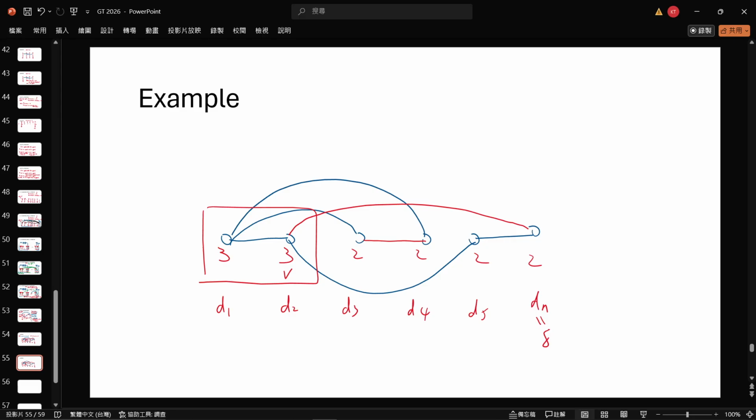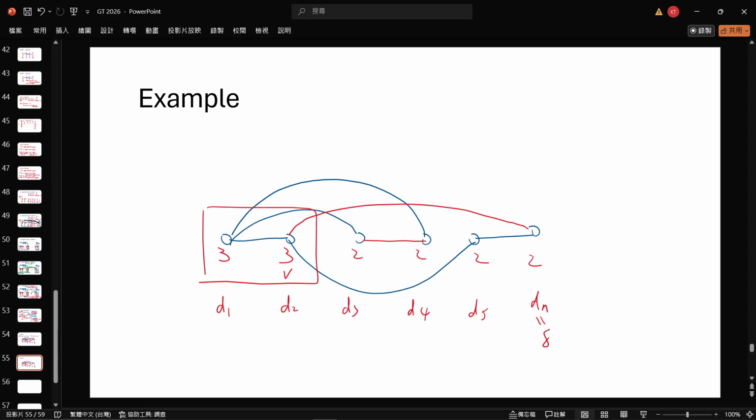We have V6 adjacent to this one in the red box. So that's basically what the proof does.